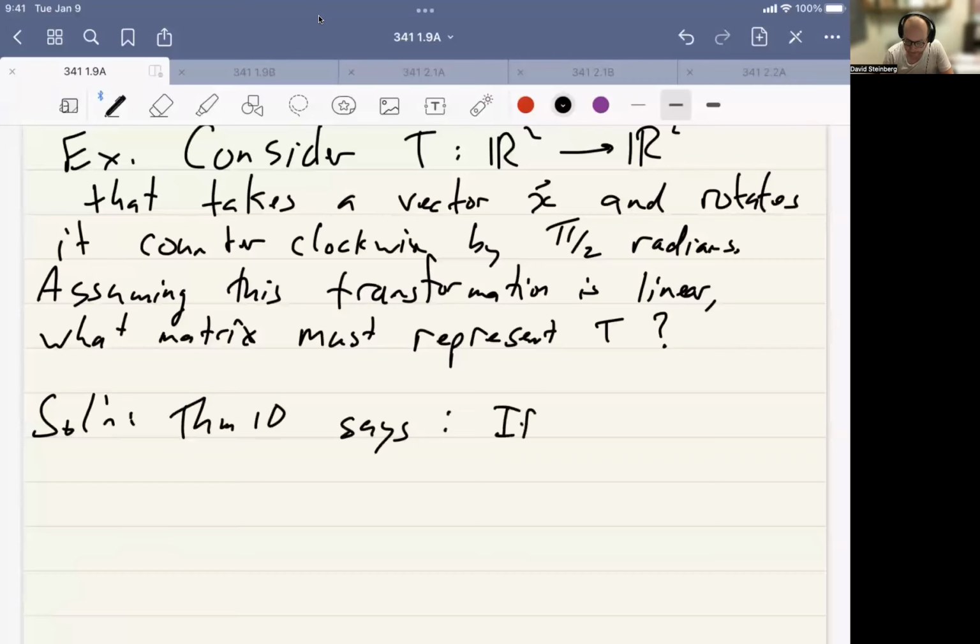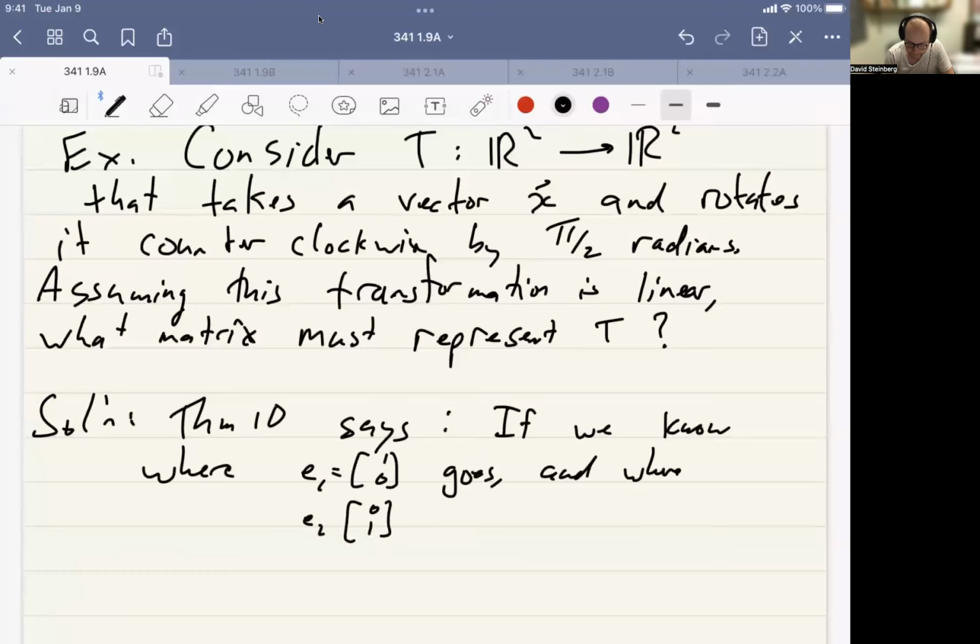If we know where E1 goes and where E2 goes, then we know A.